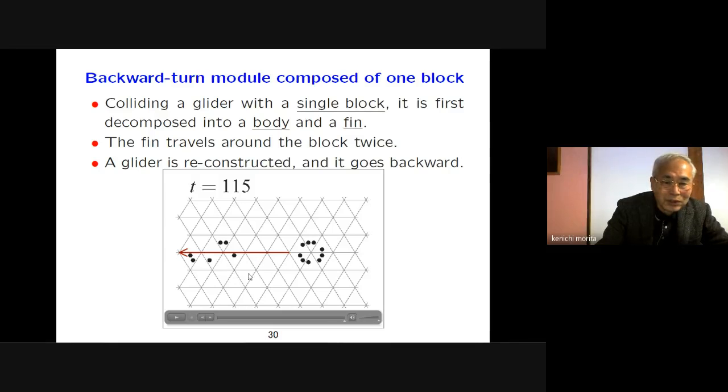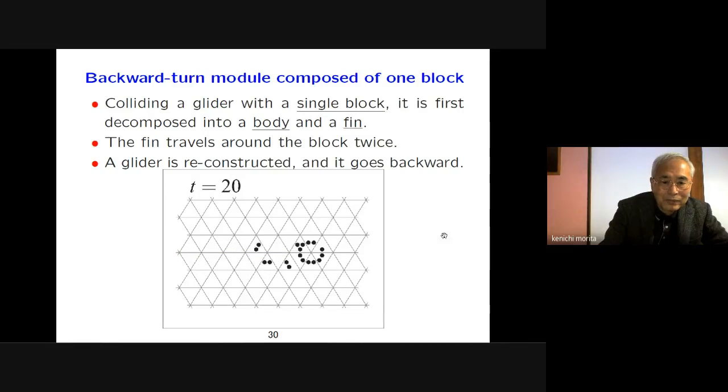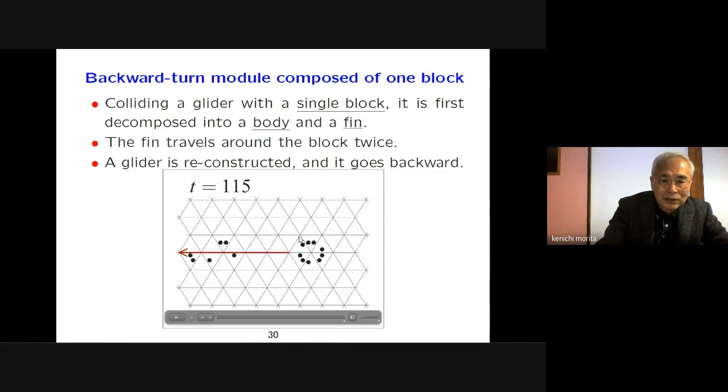And it goes backward. I will show once more. It is decomposed into body and fin. And these are combined, and again, a glider is formed, reconstructed. By this, we can realize a backward turn module.